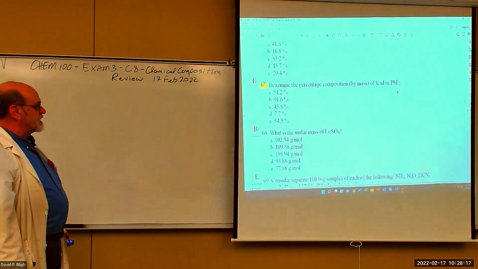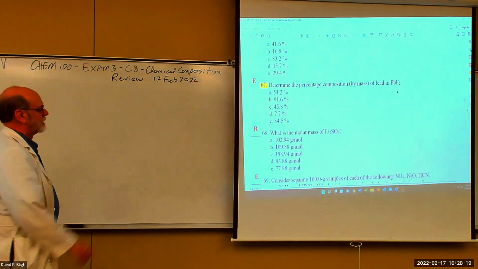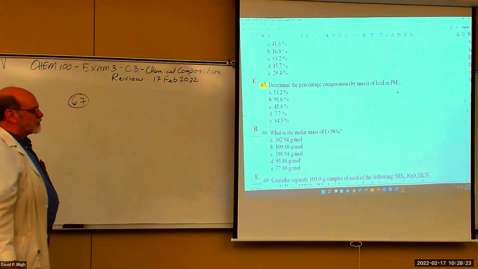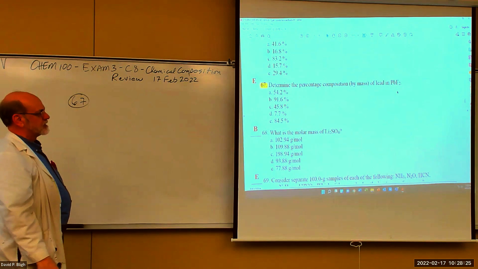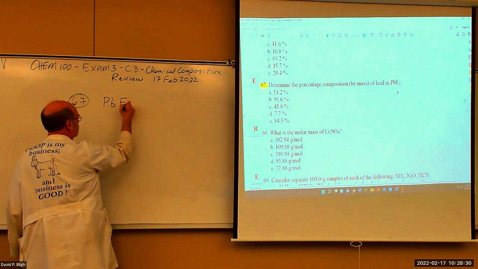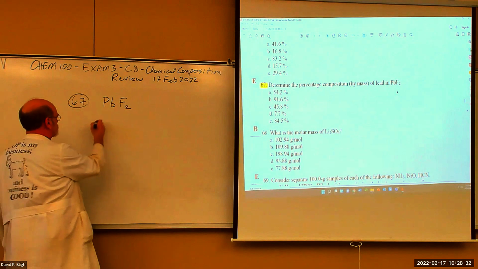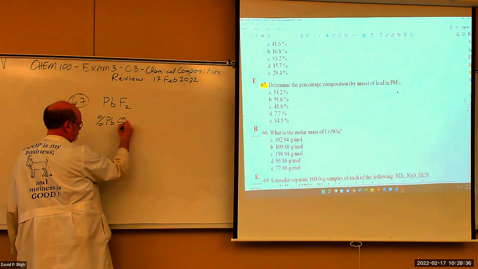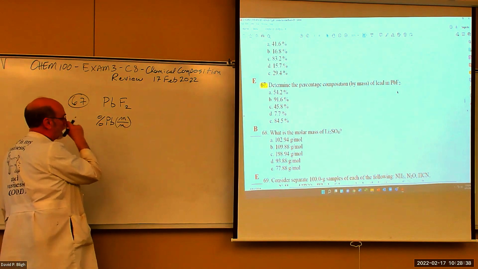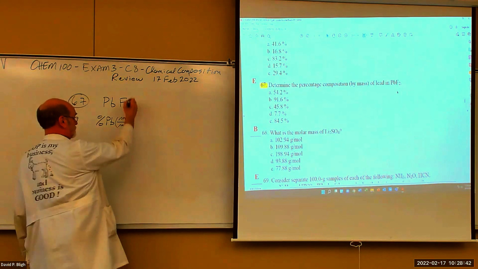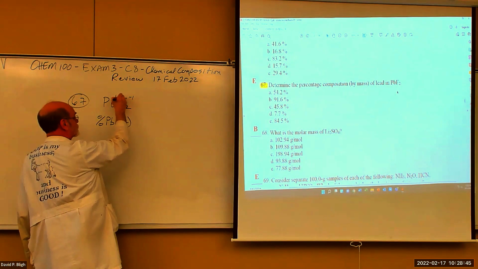Okay, let's see. 67. Percentage composition by mass of lead in... we want to know percent lead by mass. All right, what's this called? Well, if this is -1, that has to be +2.